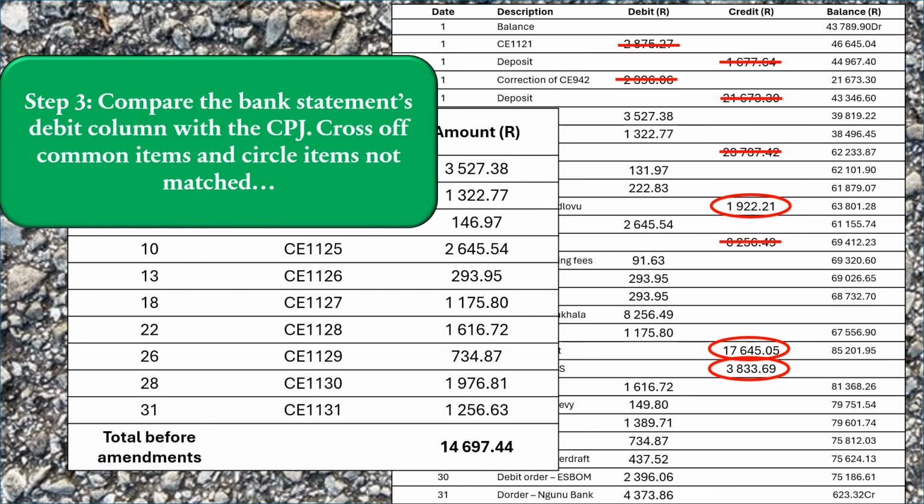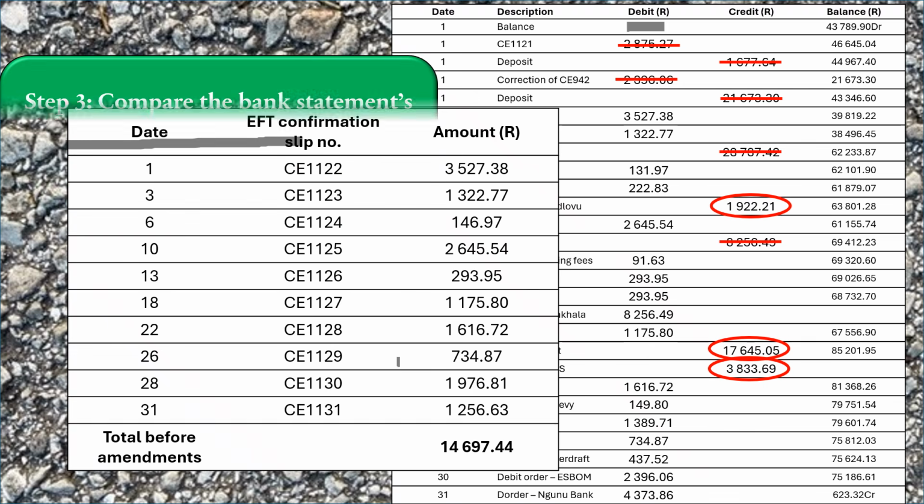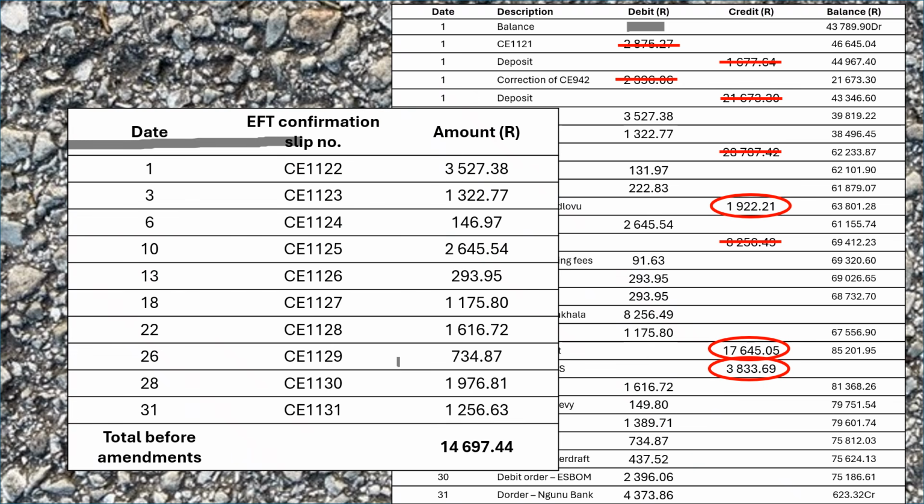Right, next one. Compare the bank statement's debit column with the payments. Once again, cross off common items and circle items not matched. So if we're going through here, there's 3527, 1322, 2645.